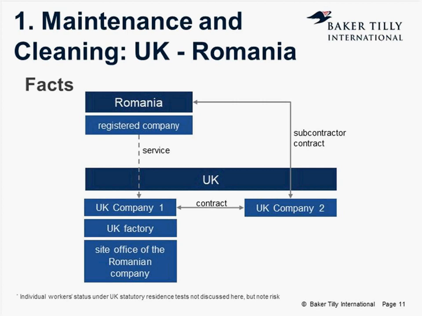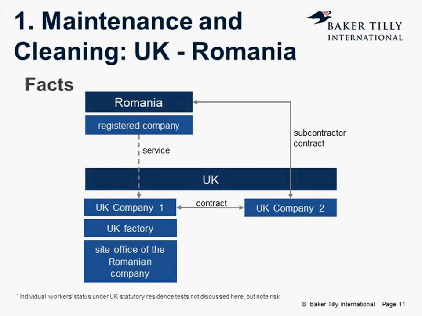Indeed, the Romanian company supplied workers to provide the services in the UK. The workers planned to come to the UK and to be provided with temporary accommodation in caravans.